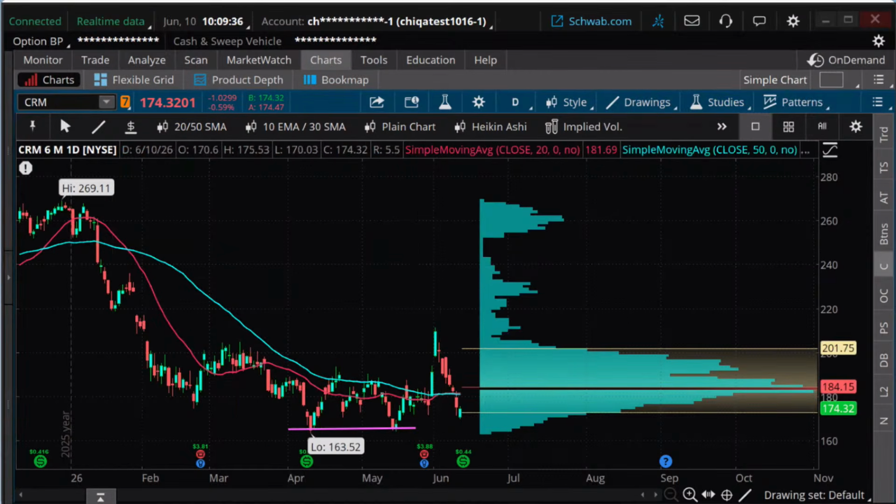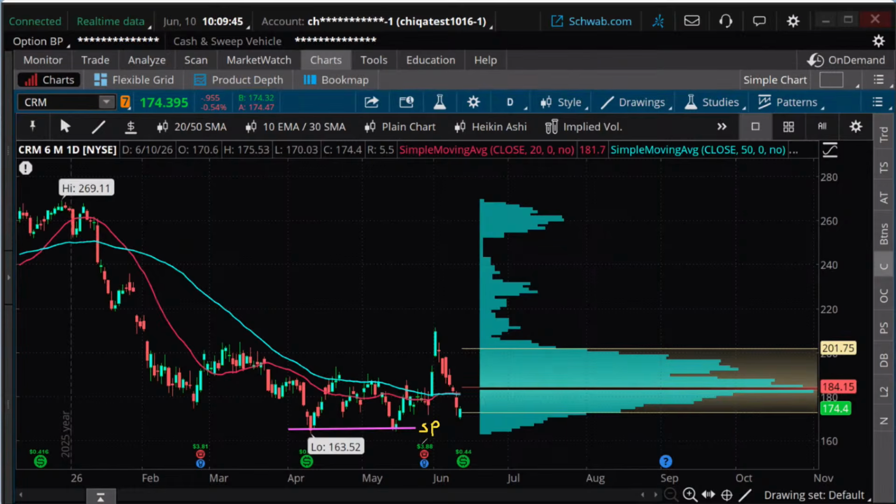So I'm going to sell a put around the 165 level. And then I'm going to go down a little bit and buy a put below that level. My goal is for the stock to stay above this 165 level here.